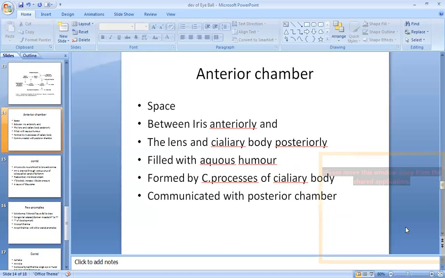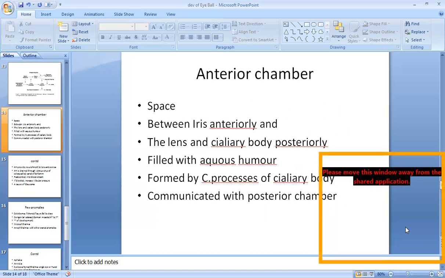Now we'll talk about the chambers of the eye. That is the anterior chamber and posterior chamber. The anterior chamber is a space bounded anteriorly by the cornea and the iris, and posteriorly by the lens and the ciliary bodies. This space is filled with aqueous humor, represented by AH.